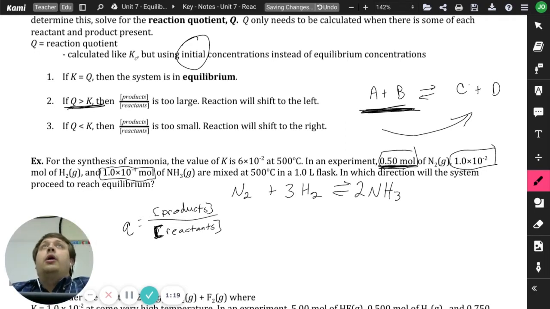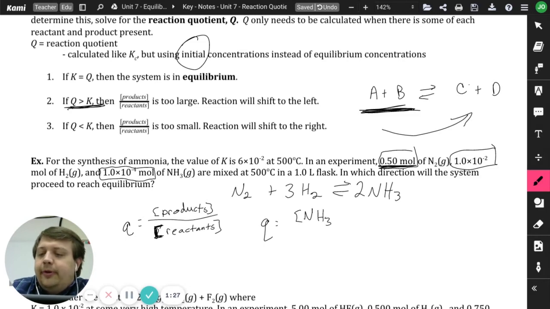Now, again, we're just going to plug in our formula here. So Q equals the concentration of the products, NH3, and we're going to use the coefficient of that, so 2, divided by the concentration of my reactants, N2, times the concentration of H2, that's to the third power.